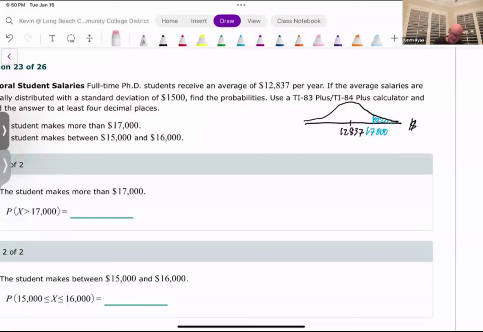That's not going to fit there. Let's write that down here. So normal CDF. That's going to be 17,000. And make sure this is a very, very large number here, because 17,000 is quite large itself. This is 12,837 and 1,500.